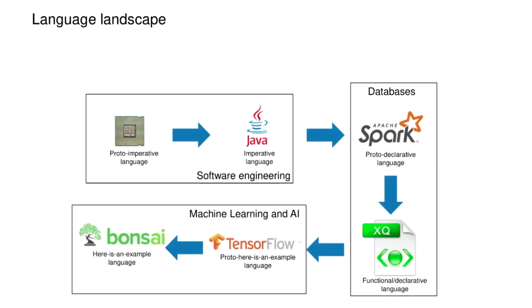You can look at software engineering, databases, and machine learning separately, but there has been this evolution from low-level languages like assembly code that you might have heard of that evolved into higher-level languages. You can see Spark or MapReduce as the assembly code of databases, or the MongoDB API as assembly code. And then you have the higher-level query languages like SQL and so on. And the same in machine learning, even though it's taking a bit more time because this is more recent.